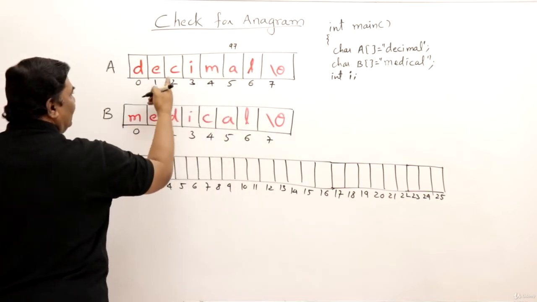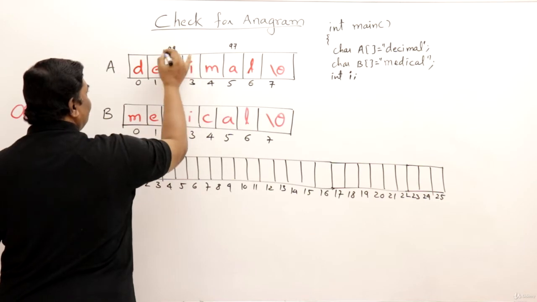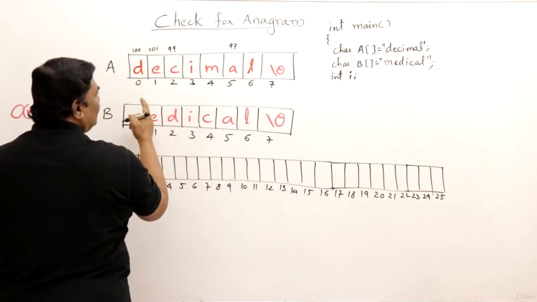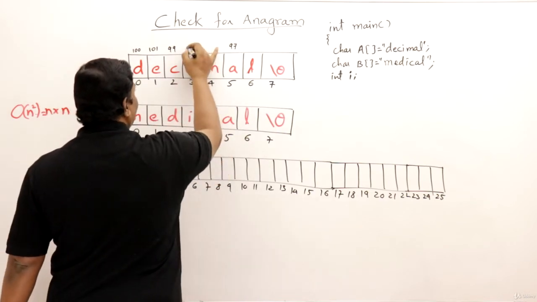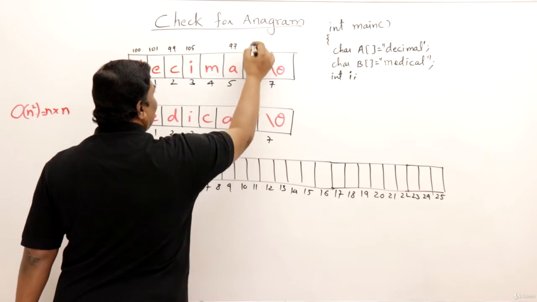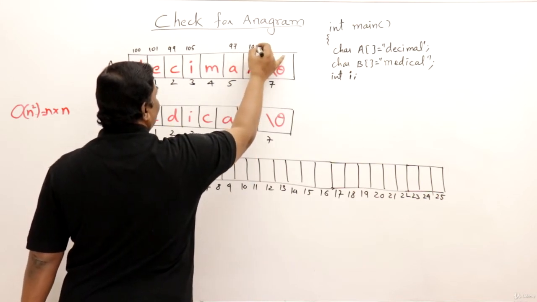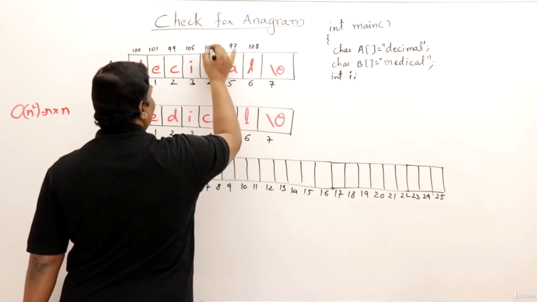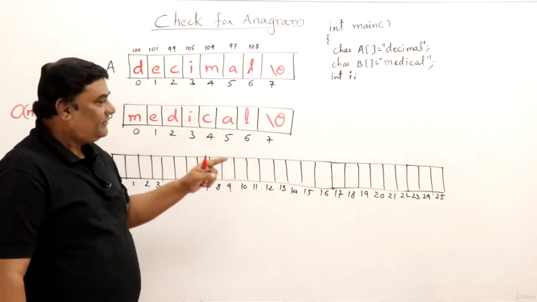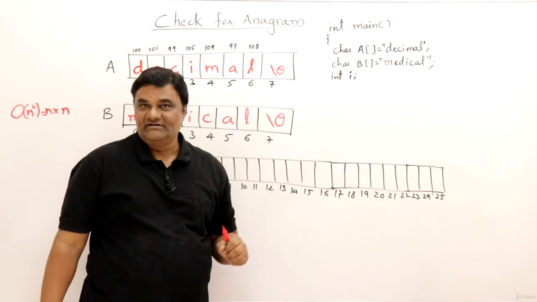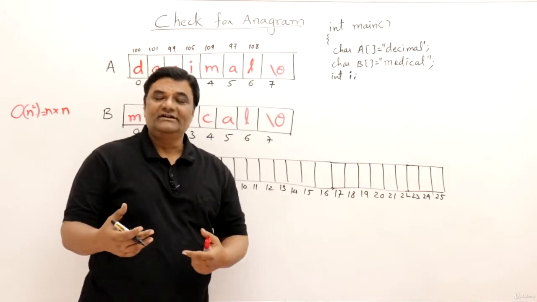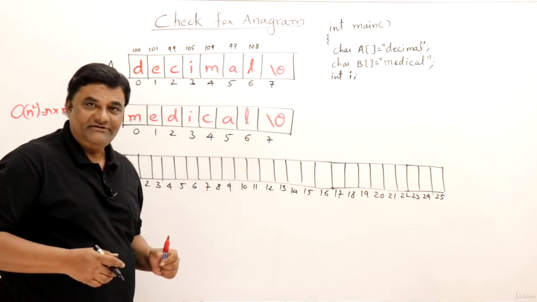C is 99, D is 100, E is 101, then I is 105, L is 108, M is 109. So these are the ASCII codes of the lowercase alphabets used in this string. You can check in Google and find out the ASCII codes of the alphabets.